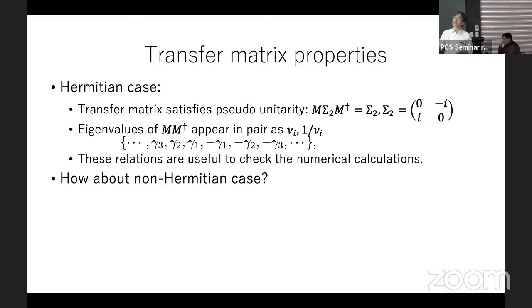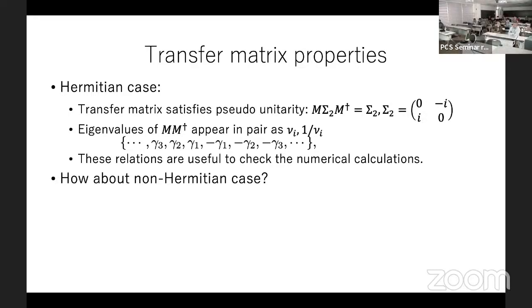And here are the transfer matrix properties for the Hermitian case, where the plus Lyapunov exponent and minus Lyapunov exponent appear in pairs.